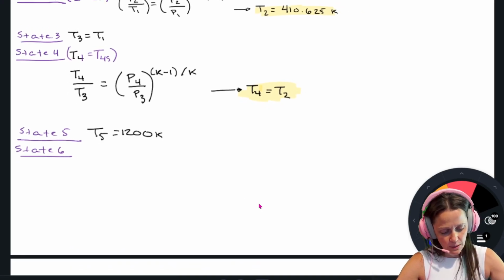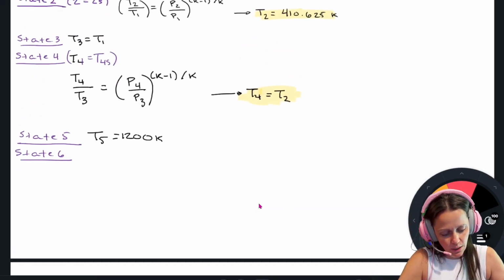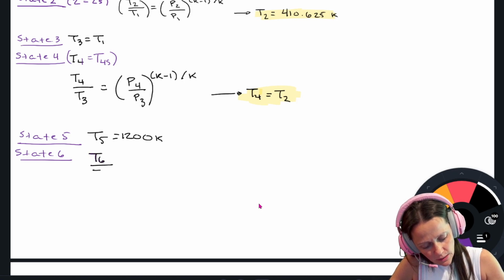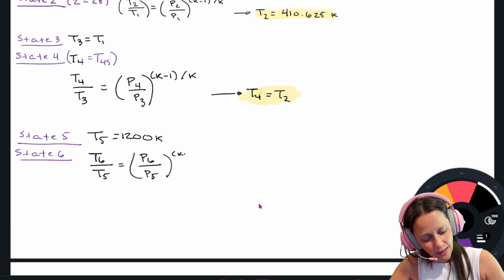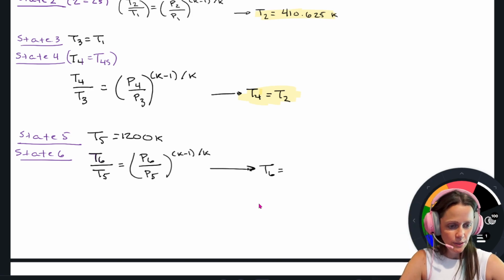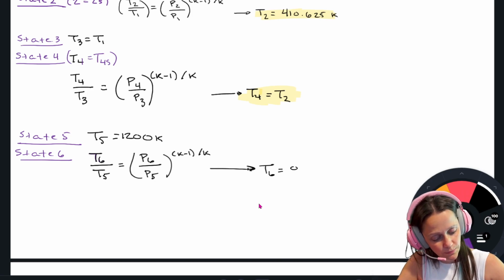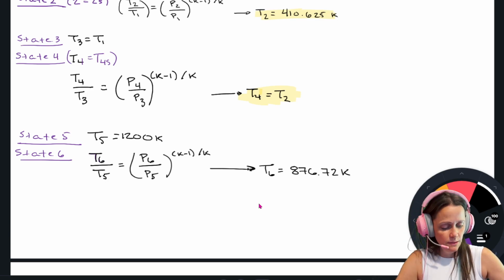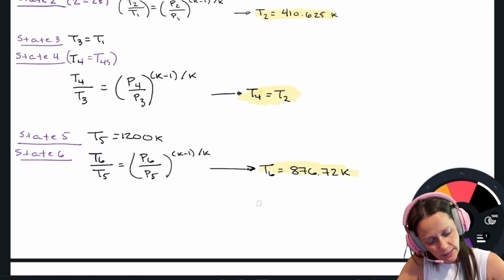So T6 over T5 equals P6 over P5 to the K minus 1 over K. I end up getting a T6 value of 876.72. Perfect. All right. I'll highlight that guy.